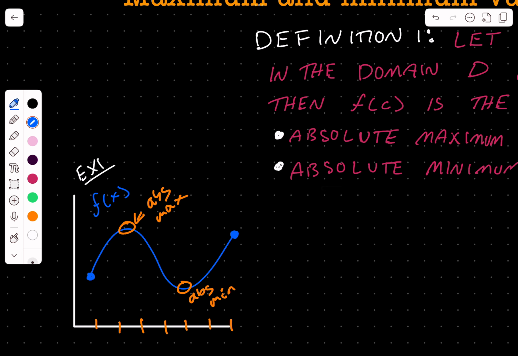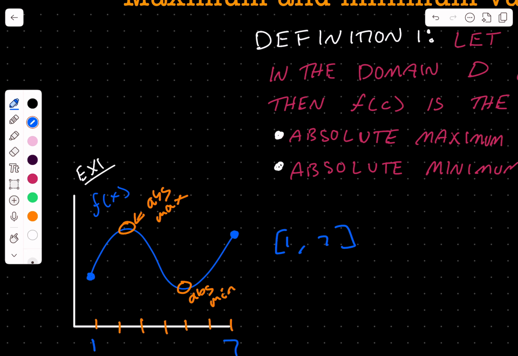So if we were to write the domain of this function, let's say this is 1, 2, 3, 4, 5, 6, 7, then our interval would be 1 to 7 because that's our x values, right? This is how long our function is. It goes from 1 to 7, and that is it. So because we have a closed interval, this is our absolute max and our absolute min because there's no other parts of this function.